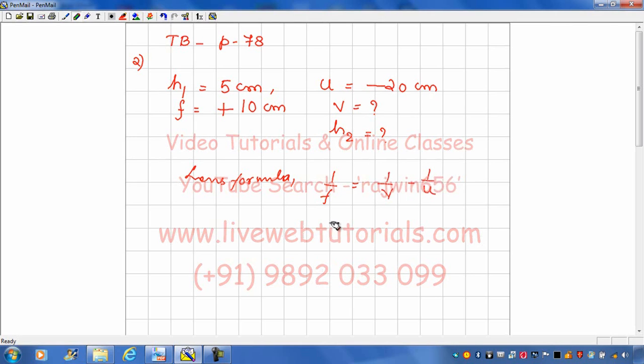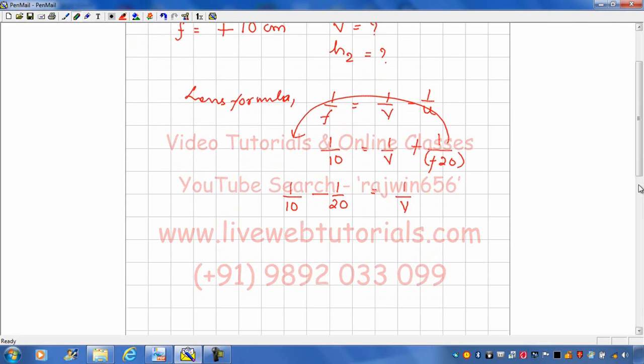So that will give me 1 upon 10 is equal to 1 upon v minus 1 upon minus 20. Now on the right hand side you can see here this minus minus will become plus, but again when you bring it on the left hand side it is going to become minus 1 upon 20. 1 upon 10 is already there. This is equal to 1 upon v.